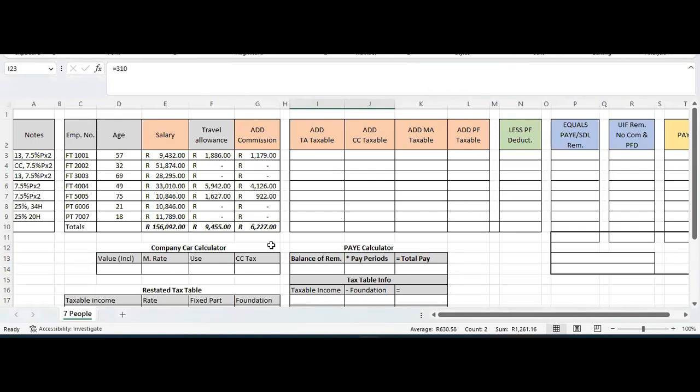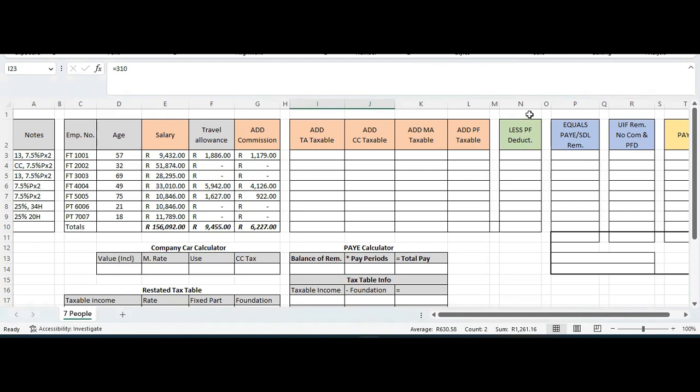When we calculate the pay as you earn and the SDL remuneration, there is a formula. We take the salary, we add the commission, we add the taxable portion of the travel allowance, we add the taxable portion of the use of a company car, we add the medical aid that the company is paying, we add the pension fund that the company is paying, and then we deduct the pension fund that both the company and the member is paying.